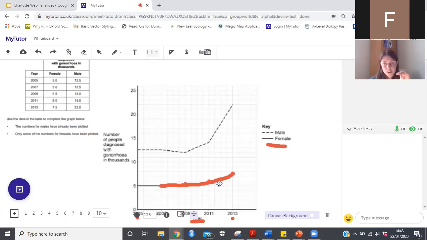So for this case, you do need to join the dots. For this graph, it's not a line of best fit. It's a join the dots one because the data here is not continuous. It doesn't include data for points in between the values that we've been given, so the years that we've been given.